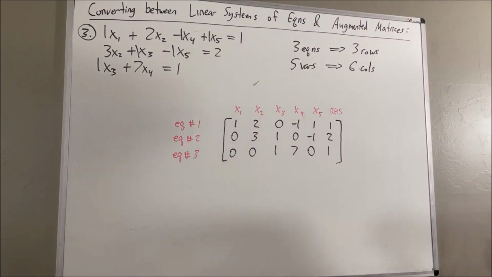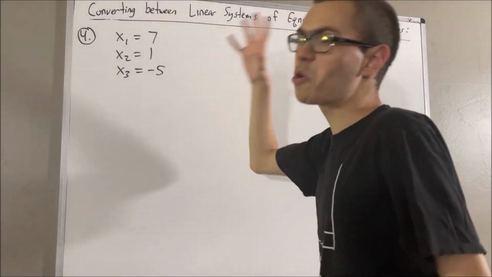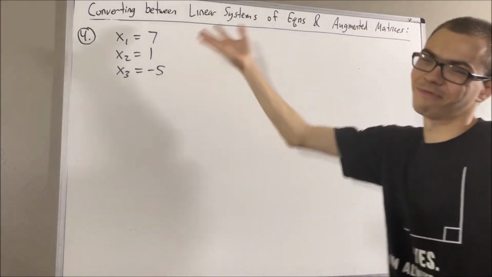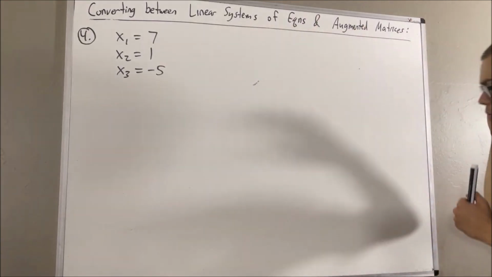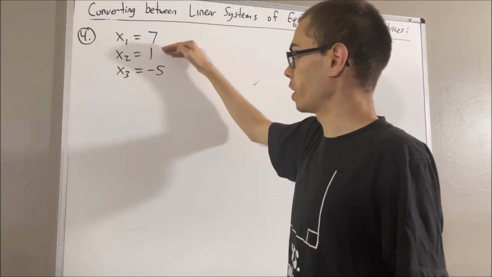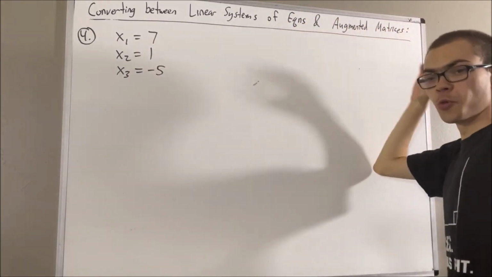Okay, let's move on to our next example. Convert this linear system into an augmented matrix, right? Okay, but really, it's going to work the same way as we've been doing it, right? Since we have 3 equations, we know we're going to have 3 rows.